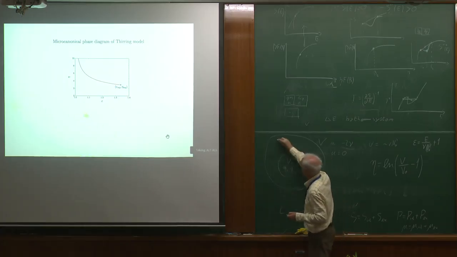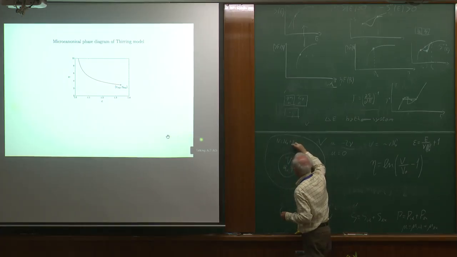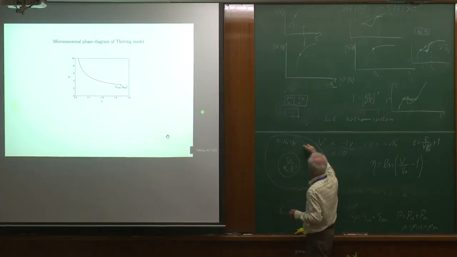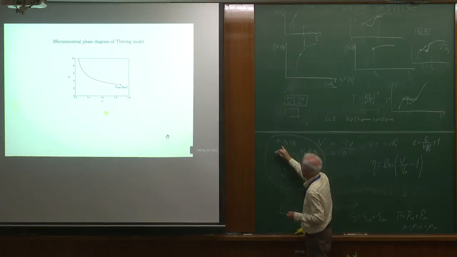We are in a setting, of course, in which the total number of particles is constant, because we are in the microcanonical case. Let's call V1 equal to V minus V0, and N1 the total number of particles minus those which are inside the V0 volume.